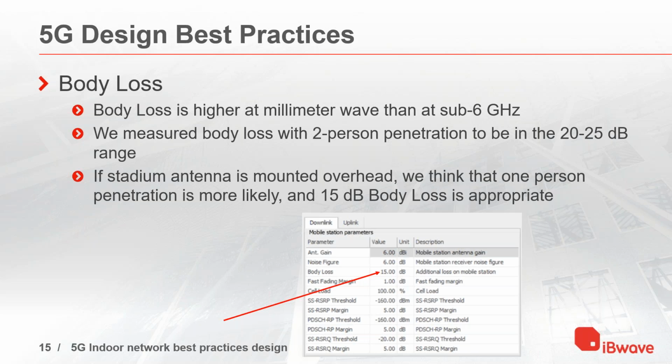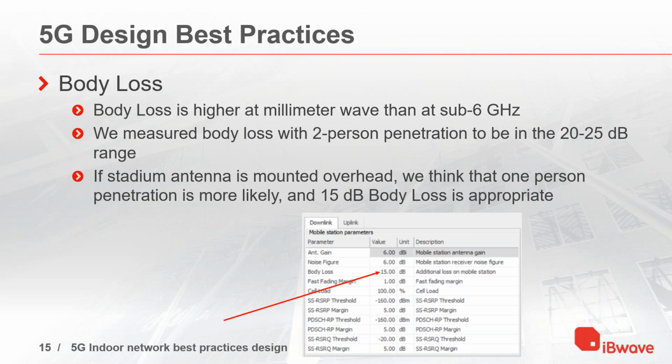And if the stadium antenna is mounted overhead, we think that 1-person penetration is more likely. We think that 15 dB body loss is going to be more appropriate than 20 or 25. So our suggestion is to put 15 dB for body loss.